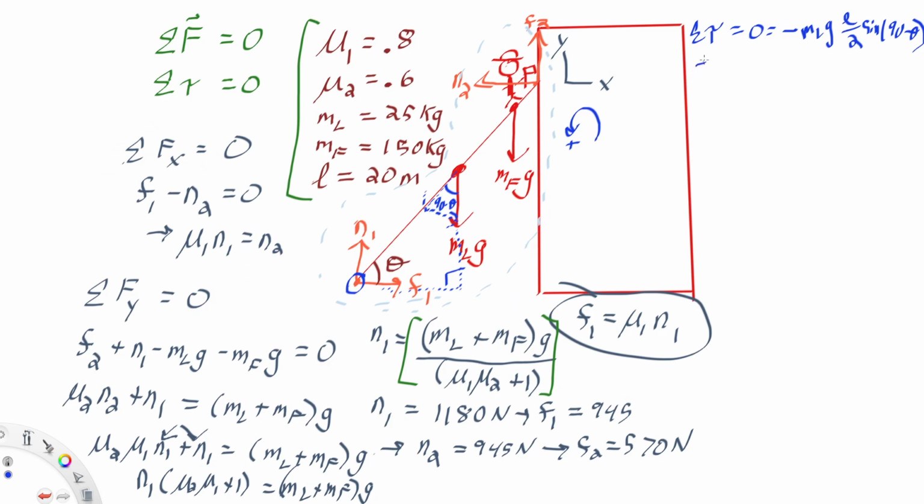So this is also going to be a negative torque. The firefighter is the full length of the ladder away from our axis of rotation, so that's just an L. And the angle breakdown is going to be the same as the weight of the ladder, so that's going to be a sine of 90 minus theta.